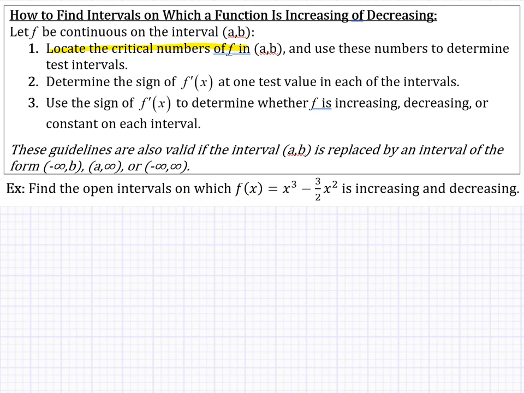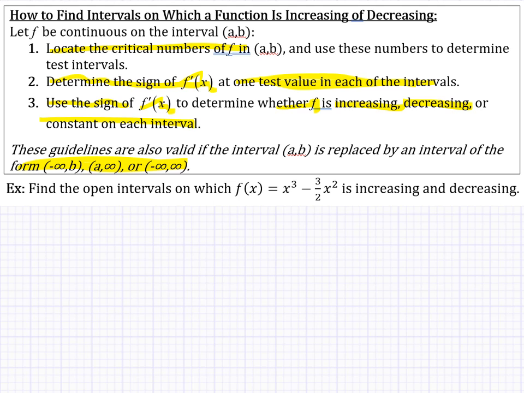Then from there, we will determine the sign of the derivative by using some test values. Once we determine the sign of the derivative, positive or negative, we'll use that to determine where the function is increasing, decreasing, and or constant. And we'll represent those in interval notation.